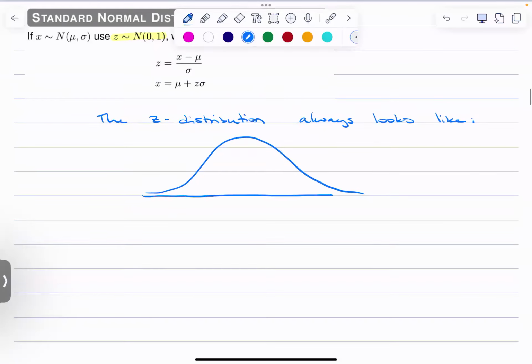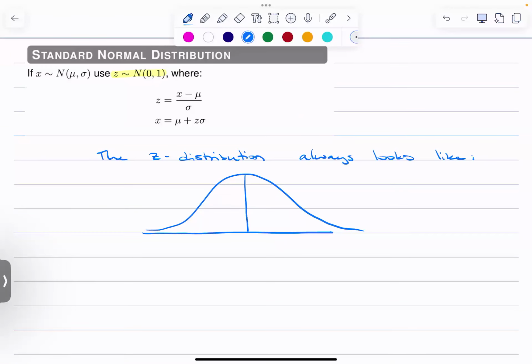A normal distribution centered on 0 with a standard deviation of 1. And somewhere on here, you can say that what's on this line here, those are your Z scores.